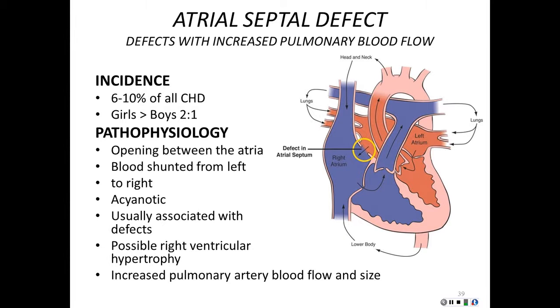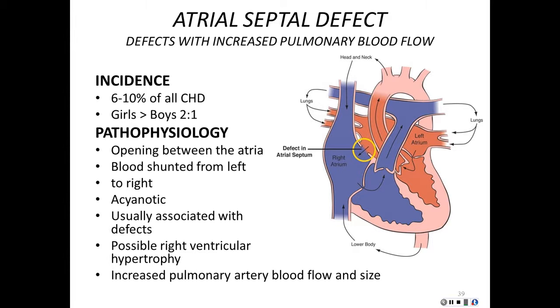Unfortunately, many times though, this ASD is associated with other defects and can cause right ventricular hypertrophy because of the overload of fluid that's going into the right atrium. Because the right atrium overloads, the fluid is then pushed down into the right ventricle, causing right ventricular hypertrophy. So you can get hypertrophy of both the right ventricle and the right atrium.